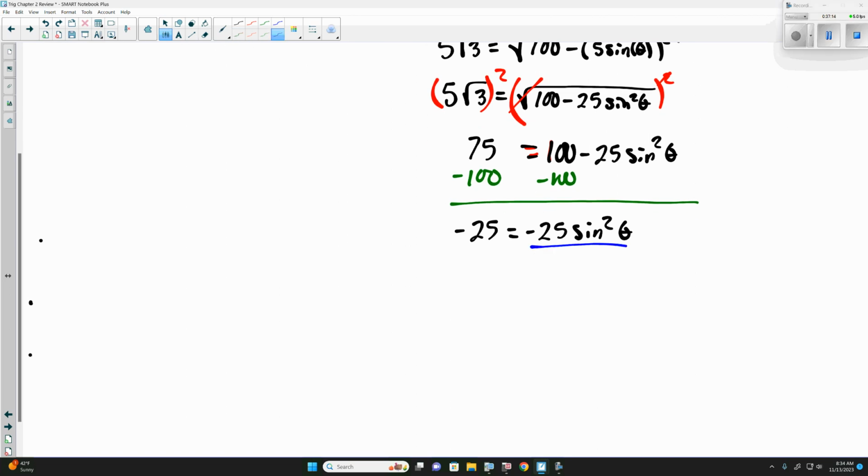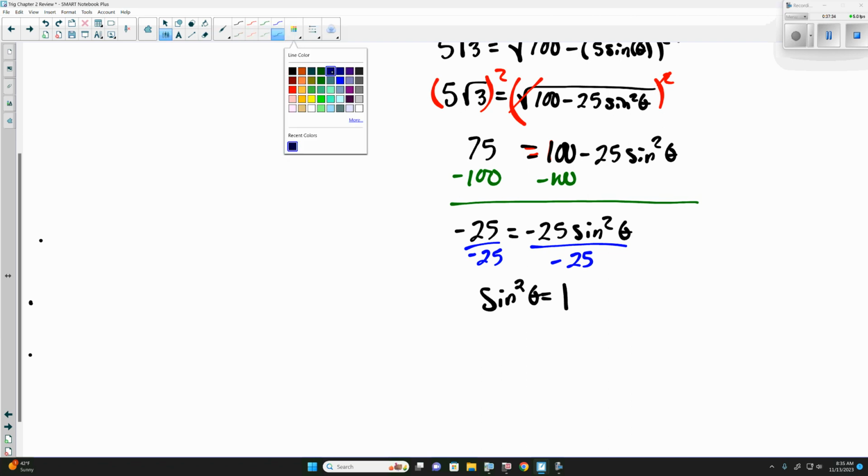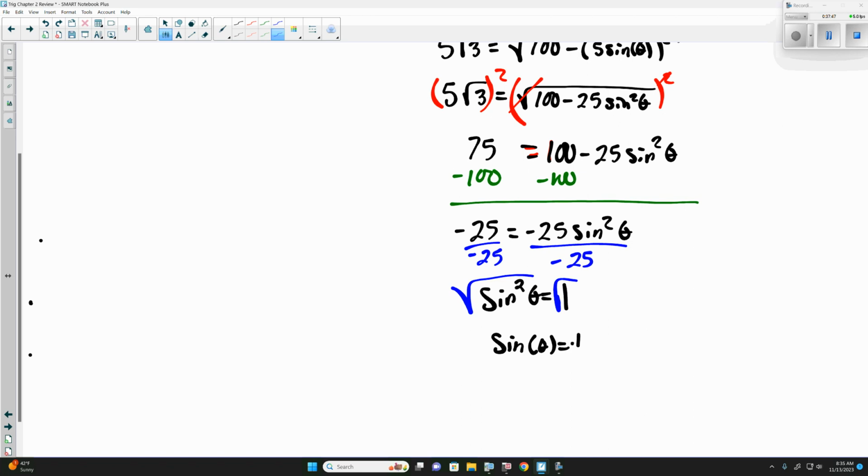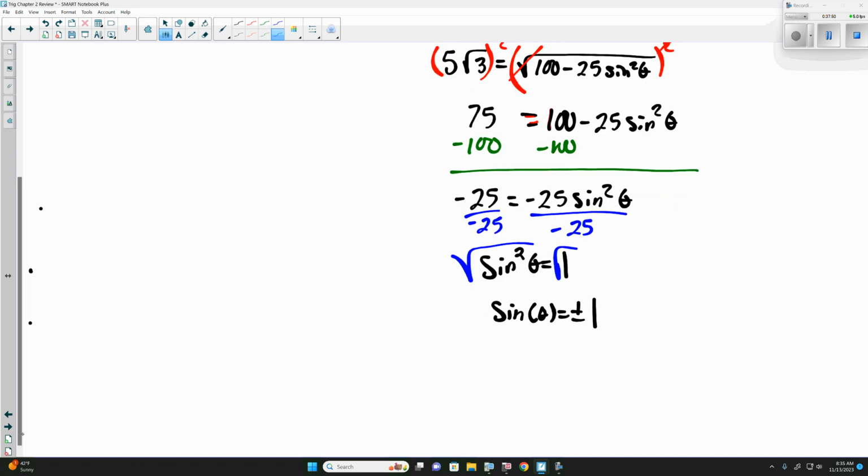At this point here, we can divide both sides by negative 25, telling us sine squared of theta is equal to, plus minus, I'm getting ahead of myself, 1. Lastly, if we're solving this here, we can square root both sides, telling us sine of theta is equal to plus or minus 1.